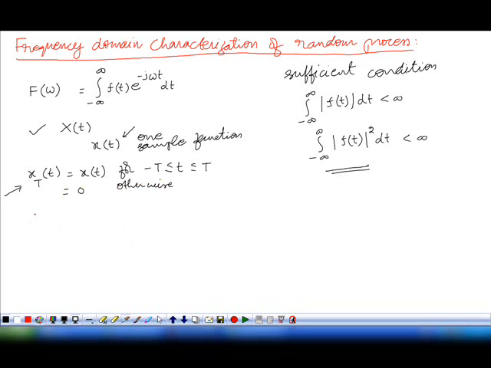Then the Fourier transform of this x_T of t can be written as the integral from minus T to T of x_T of t e power minus j omega t, is it? So this can also be equated to the integral from minus T to plus T. See, in the interval minus T to T, x_T of t is x of t.